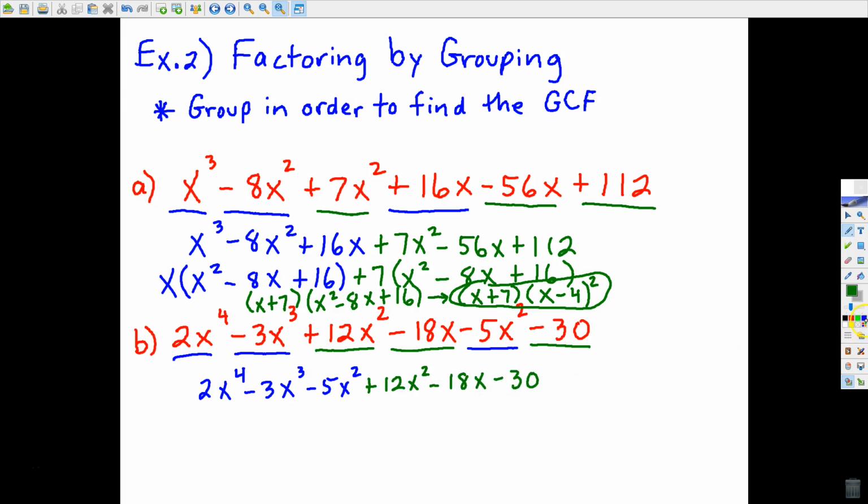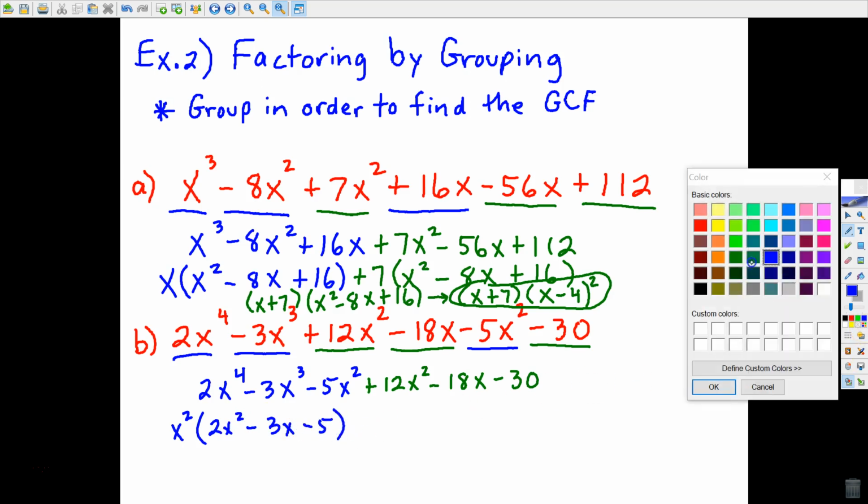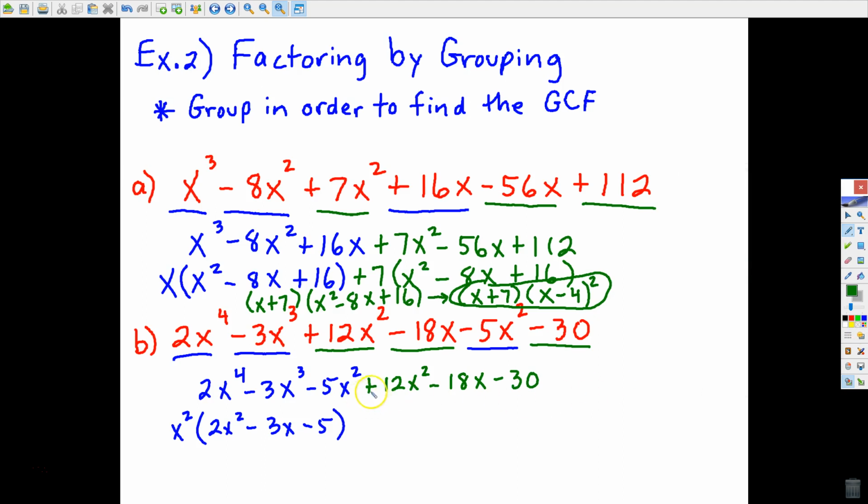Now let's pull out that GCF out of the blue group, and that's x squared. So the other factor will be 2x squared minus 3x minus 5. And then jump over to the green group, and we said that they have 6. They're all divisible by 6.